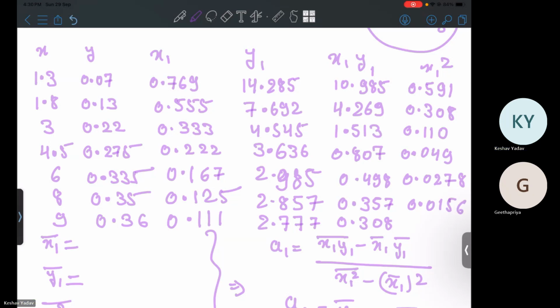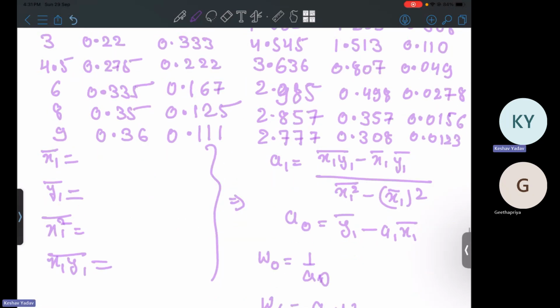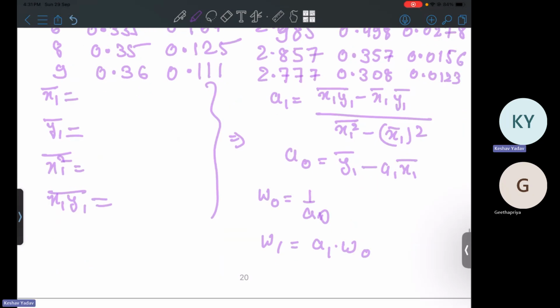Now 0.111 square is 0.0123. Good. Now we need to find this A1 value.